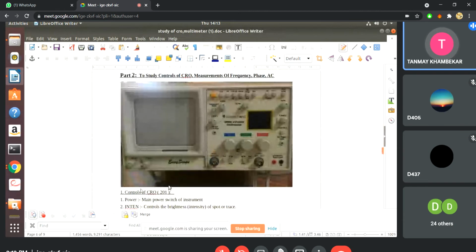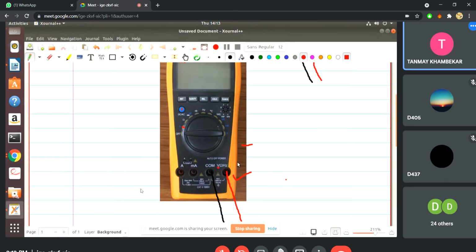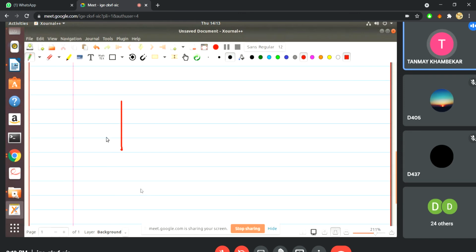So this is CRO. On CRO, the waveform will get displayed. I can first see the nature of waveform. Secondly, I can also measure how much is the magnitude and how much is the frequency of that particular waveform. Whenever I get any waveform, suppose it is a sinusoidal quantity, it will have two axes.